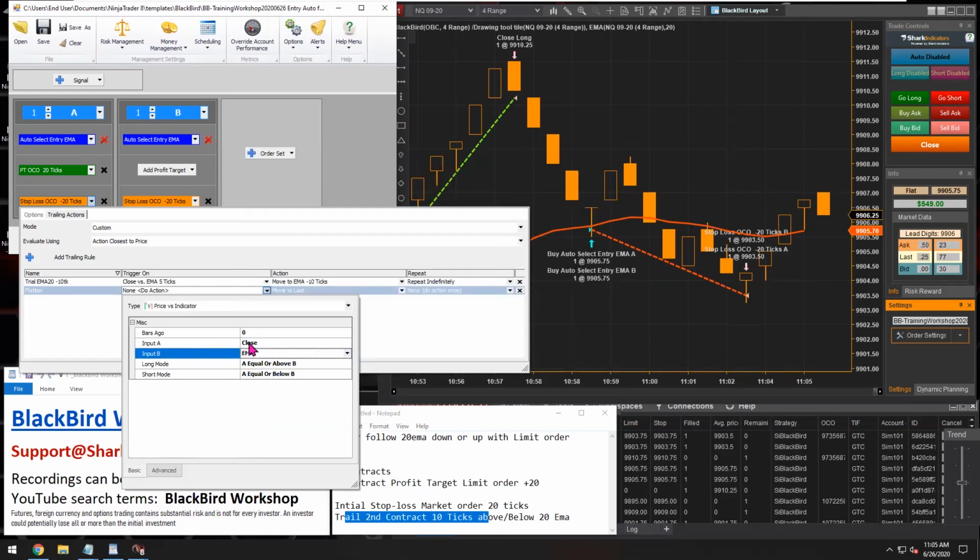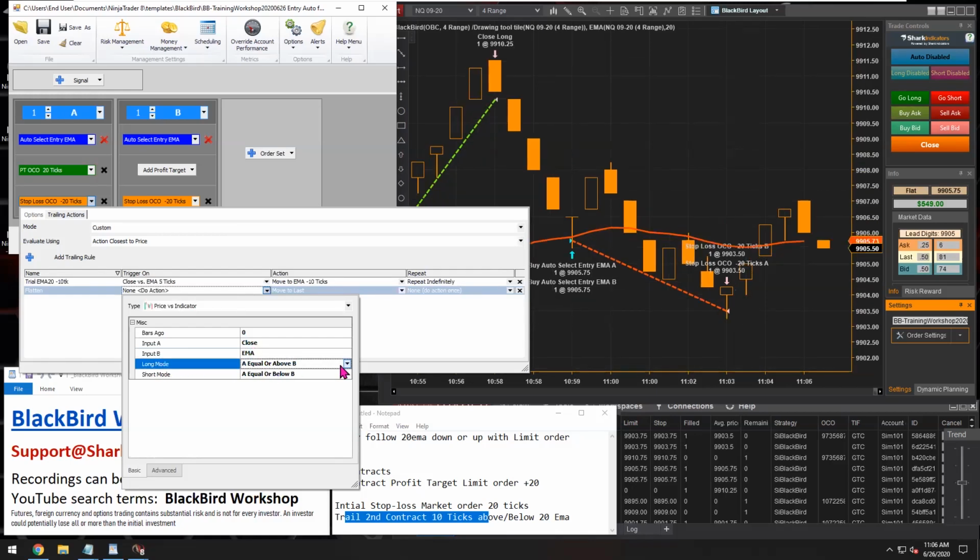We're just going to compare the close of the bar to the EMA20. If you're in a long trade, then if the close goes below the EMA, I think that's the condition you're looking for. If the closing price goes below the EMA for a long trade, and for a short, it would just be the reverse.